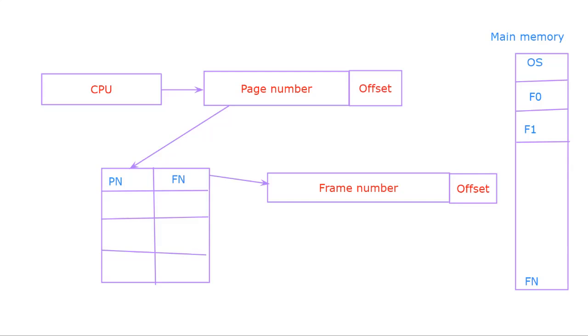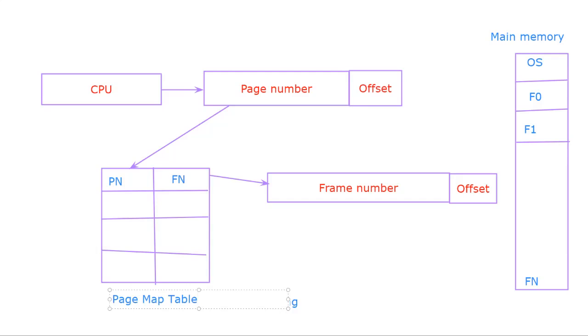Okay. This is the diagram of what we can refer to. If we want to label the diagram, we will refer to it as paging, and we will refer to it as page map table.